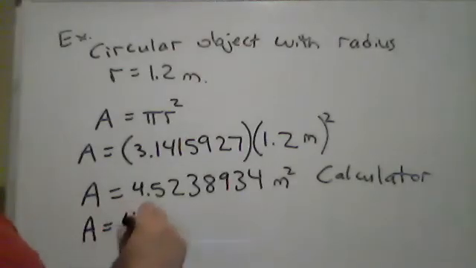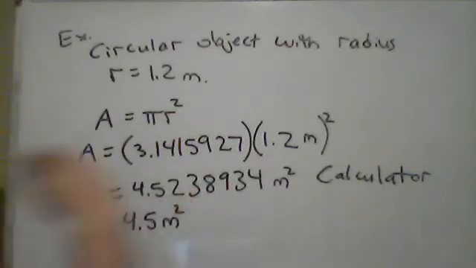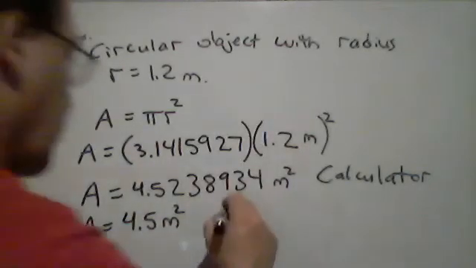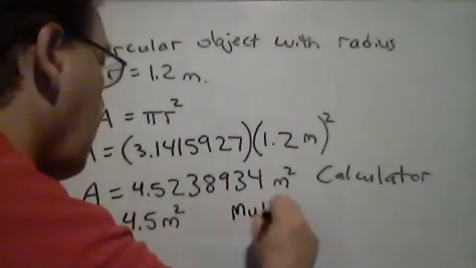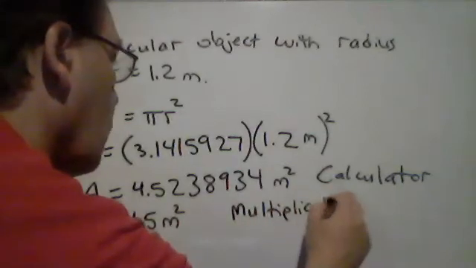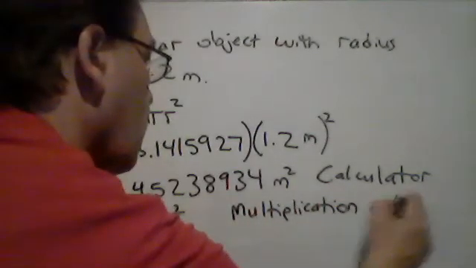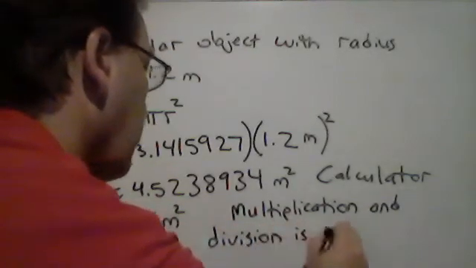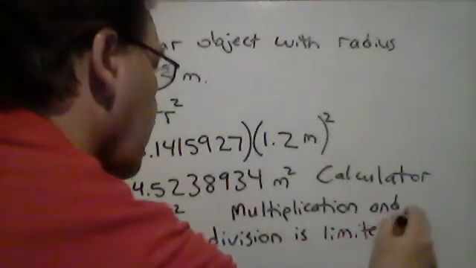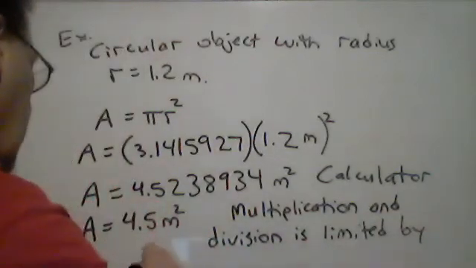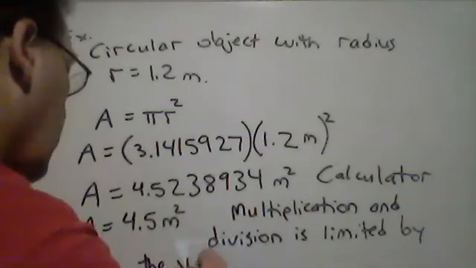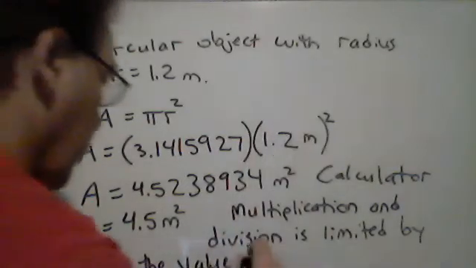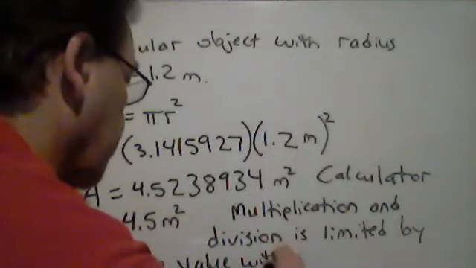So again, 4.5, absolutely right. The least precise value has only 2 sig figs. That means my answer has only 2 sig figs. So again, multiplication and division is limited by the value or contribution, whatever you want to call it, with the worst precision.